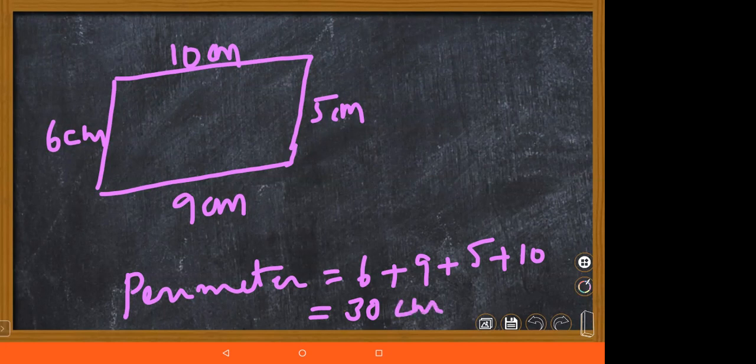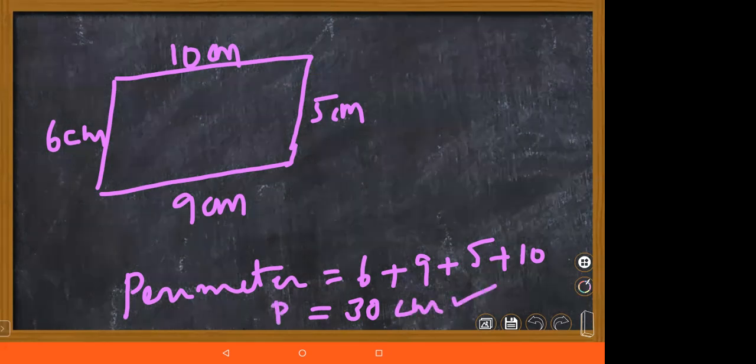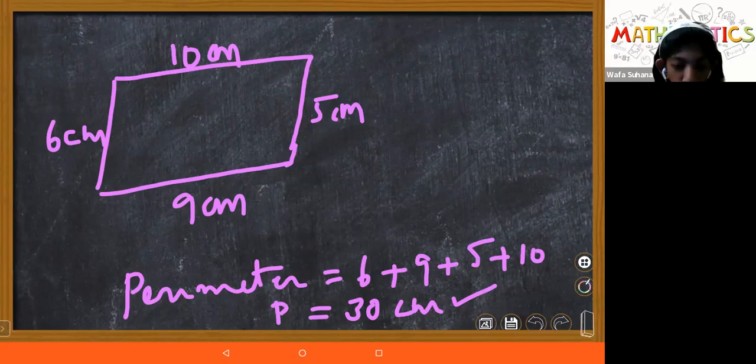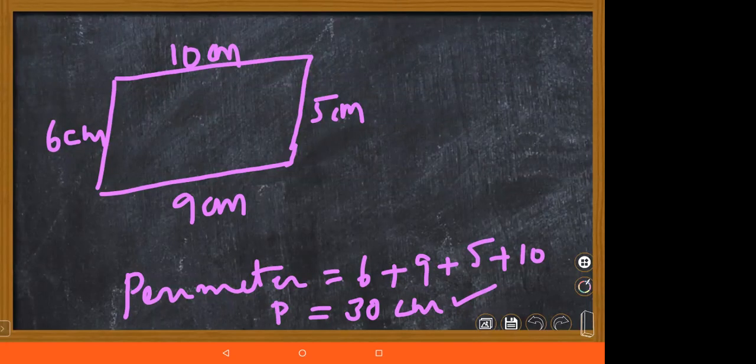Very good. 9 plus 10 is 19, 19 plus 5 is 24, 24 plus 6 is obviously 30. Perimeter equals 30 centimeters. First we need to do 9 plus 6, which is 15, and 10 plus 5, which is 15, and add both. Anything, children, you can sum the boundaries, that's all.